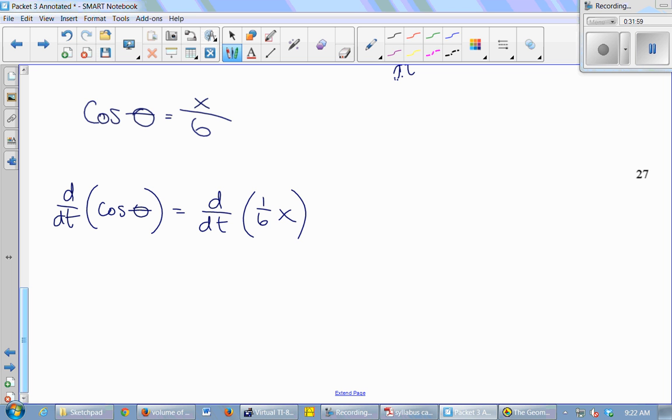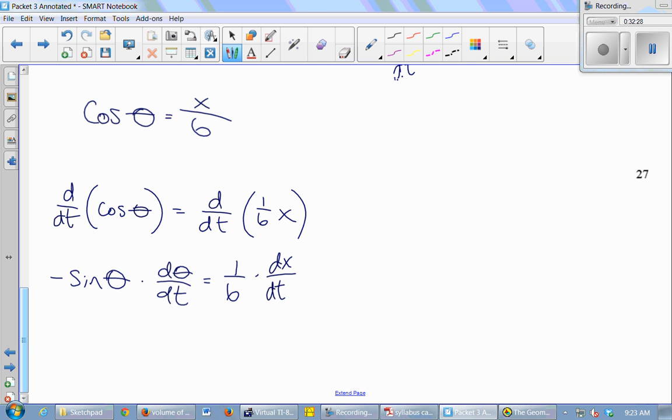Okay, so the derivative of cosine theta is negative sine theta. But since theta is a function of t, we have to also multiply by the derivative of the inside, dθ/dt. Okay, and then d/dt of 1/6 x would be 1/6. But then you also have to multiply by dx/dt. Chain rule.